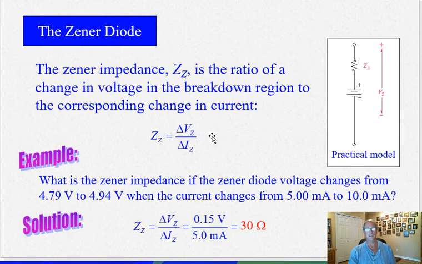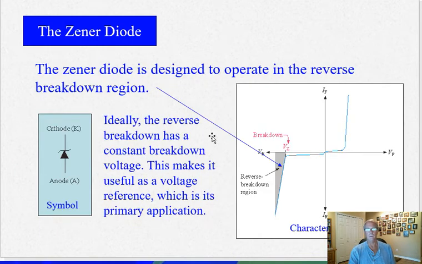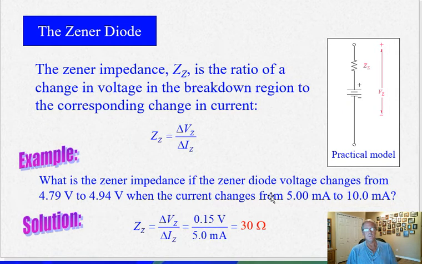It's not a perfectly vertical curve right here, right? So as you increase the current, this voltage is going to go up a little bit, or more negative in this case. Okay. So the example that they have here is the Zener voltage changes from 4.79 to 4.94 volts when the current changes from 5 milliamps to 10 milliamps.